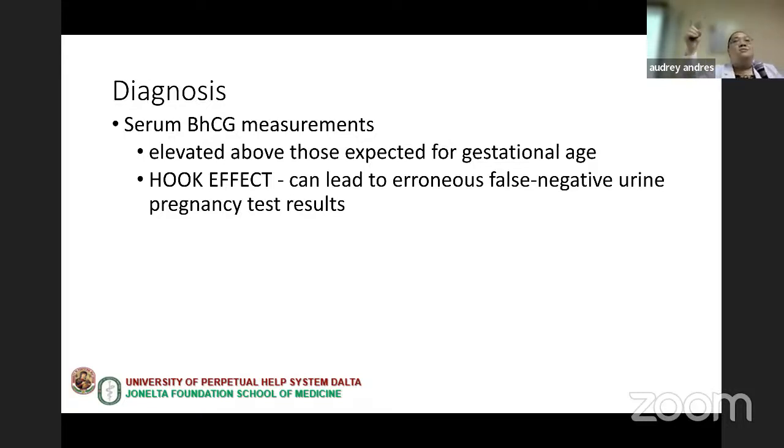So you have to dilute it at least 7 times so that the assay can recognize the range. Because of HCG levels of a mole, you expect 100,000 level of beta HCG. Compared to what the assay can detect, the assay can detect 2 to 25 level of HCG. So that's the hook effect.